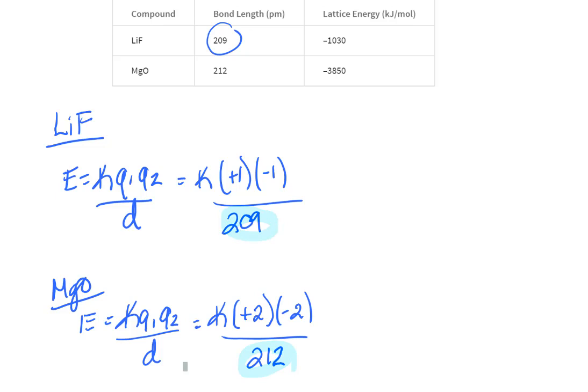Picometers are so small. They're smaller than nanometers. So these are so similar in bond length.